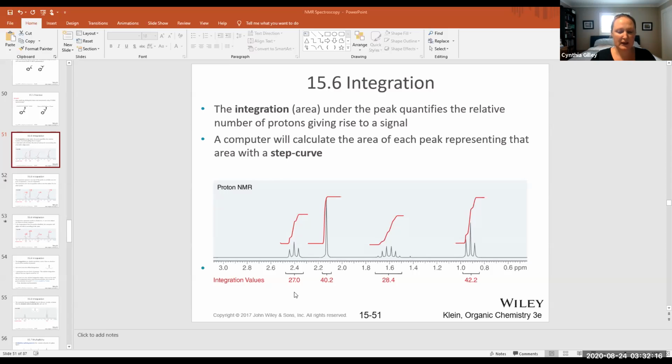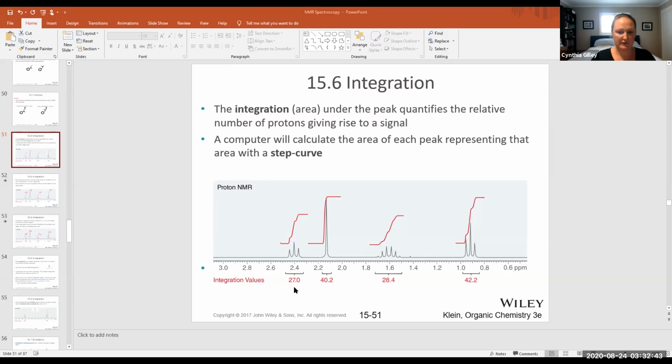Typically, if a user didn't know what they were looking for in an NMR and wasn't sure what the peaks probably stood for, they might take the one that integrates for the lowest value, which in this case would be 27.0, and then arbitrarily set that equal to 1 and see what happens to the other values as they're reassigned based on that being set to 1.